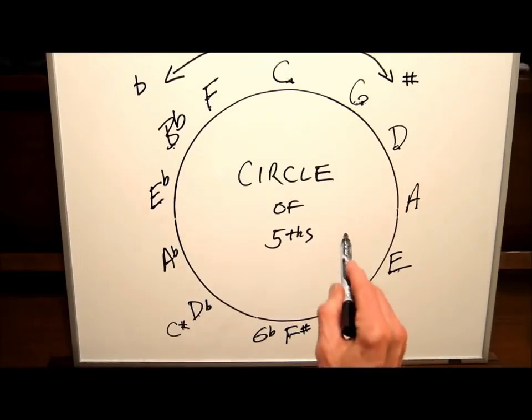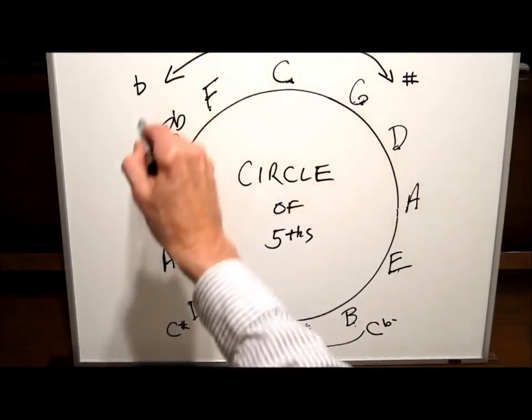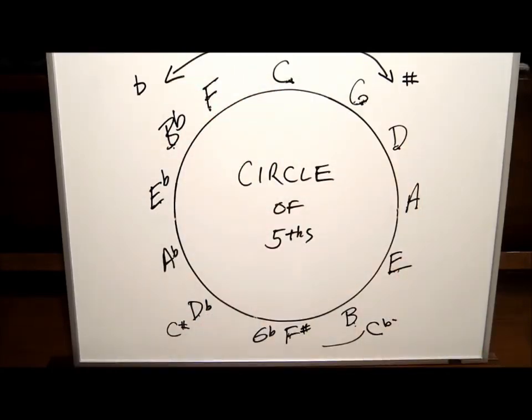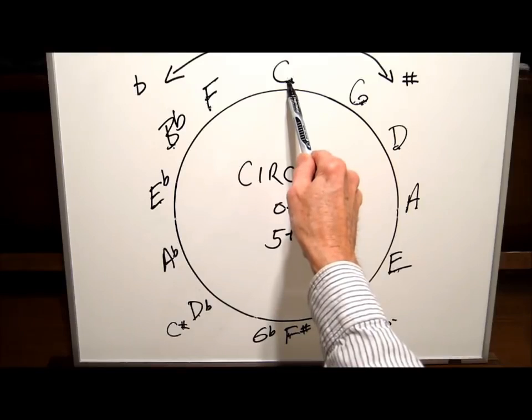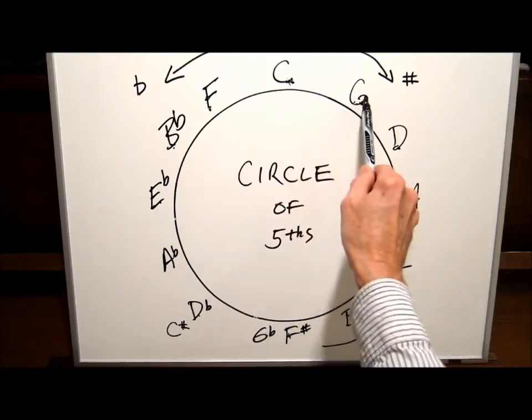Now, the important thing to understand about this is how these work in terms of the counterclockwise direction of tension and resolution. Now, that's all that music is, tension and resolution. It's sort of like day and night, sort of like yin and yang. It's a universal truth. So what we have here is, if we take this as being the tonic key, the key we're in is C, we move up this direction.